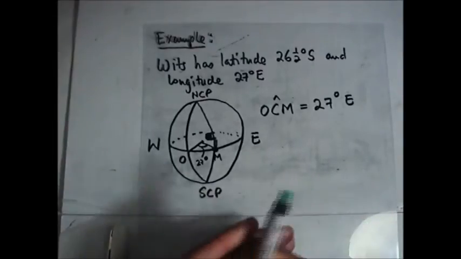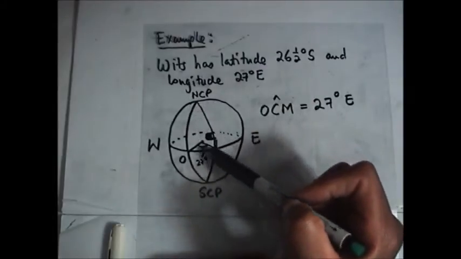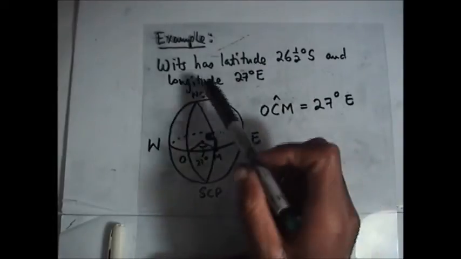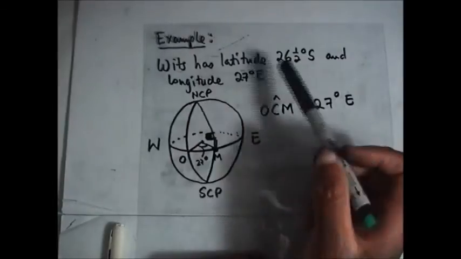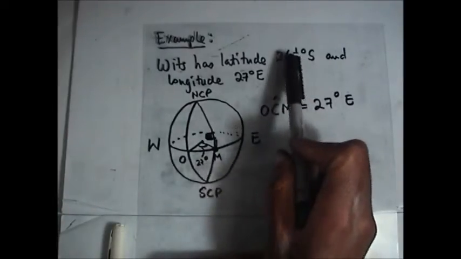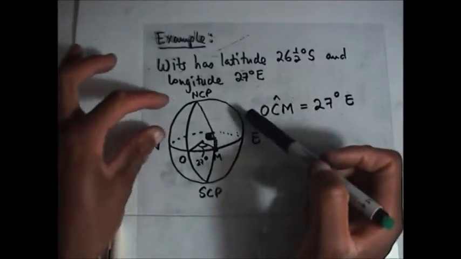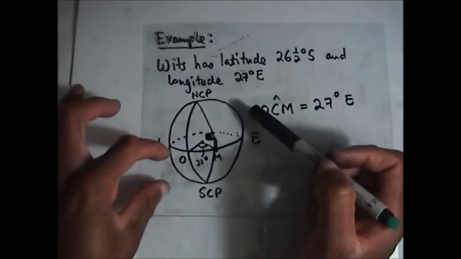The other thing now that we need is the latitude, because we need to know where exactly it is lying on this meridian. So it's best starting with the longitude, then going to the latitude. The latitude is saying 26.5 degrees south. What does that mean? This south means it's not in the northern hemisphere. It means it's in the southern hemisphere.